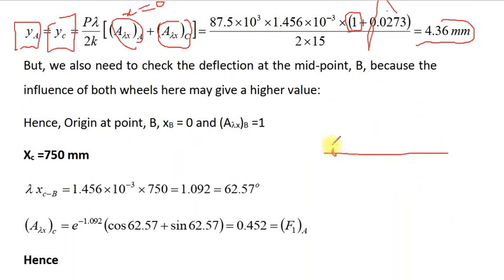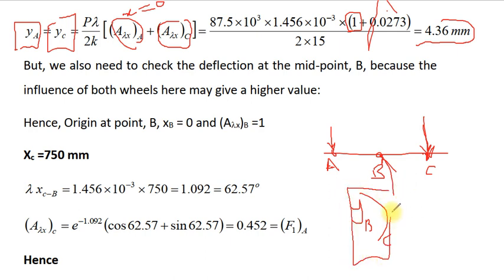Here this is point A and there is a force here, and this is point C, there is a force here, and we want to compute the deflection at point B. So we have to compute Y at B due to the force at C. And with respect to the force at A, we have to multiply this value by 2, since from B to A this gives us x positive, but here x is negative, and negative x is not allowed to be used in the equation of deflection.